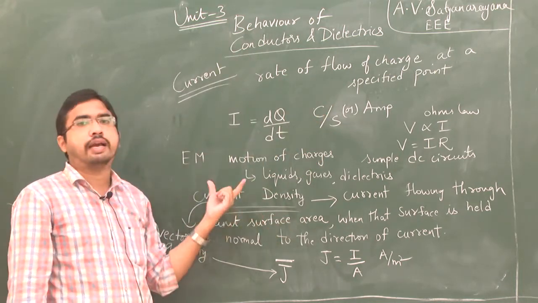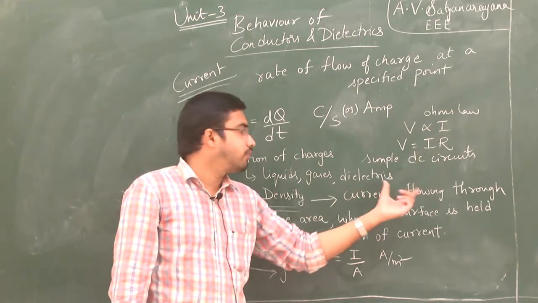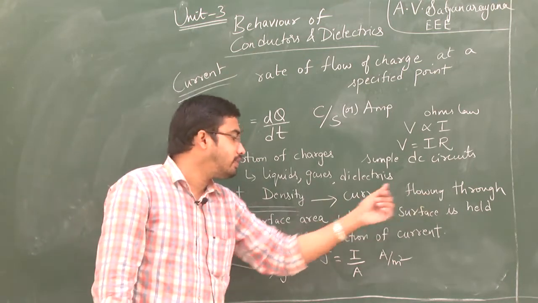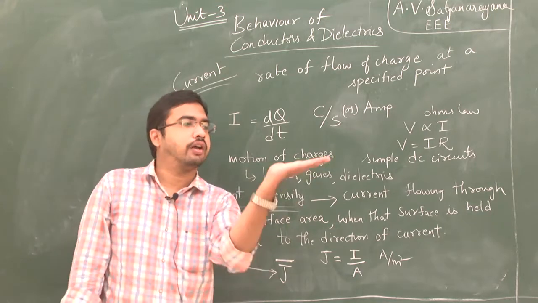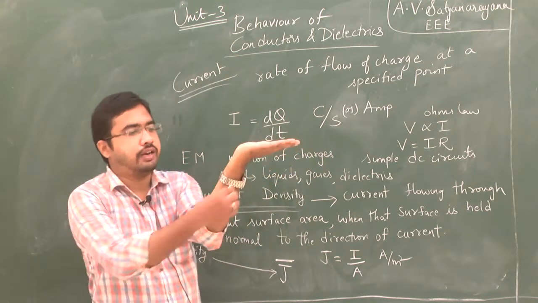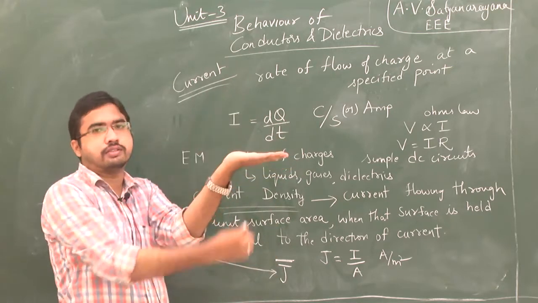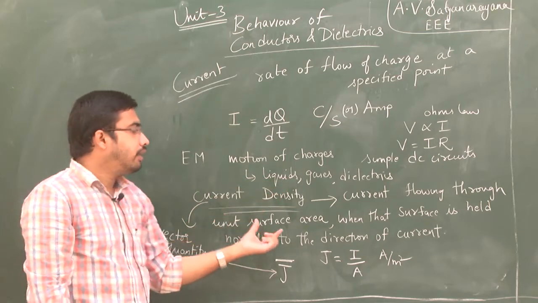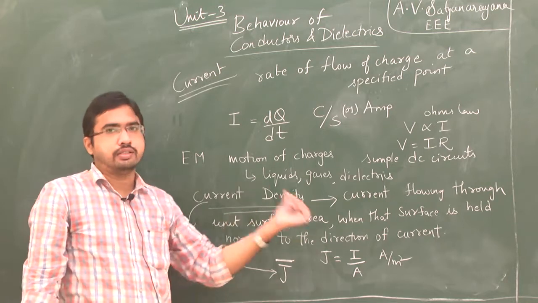So what is meant by current density? Current density means the current that is flowing through a unit surface area when that surface is held normal to the direction of current. That means if you are holding a surface like this and your current is flowing perpendicular to this surface, then that quantity is called current density.